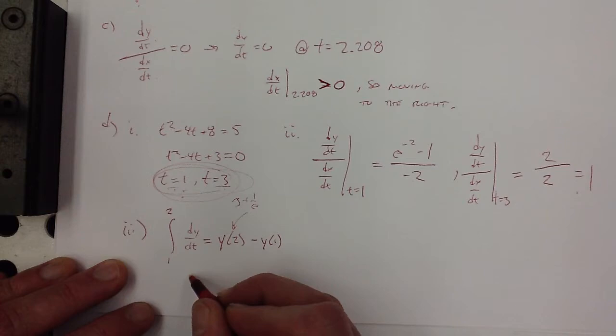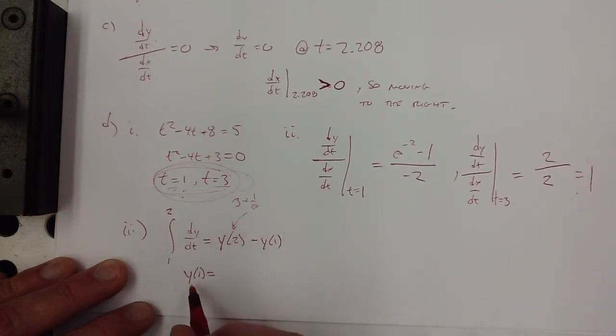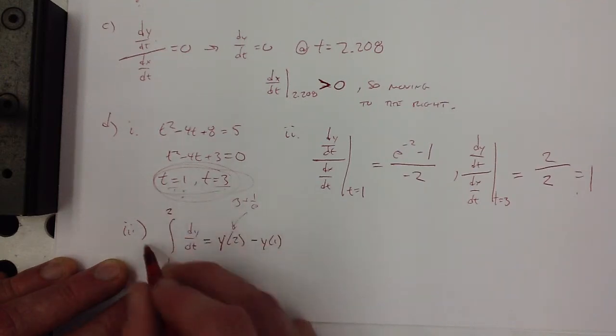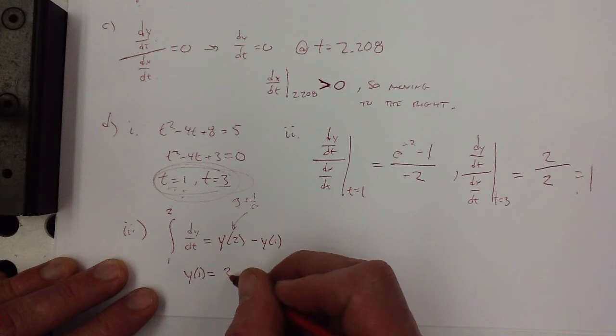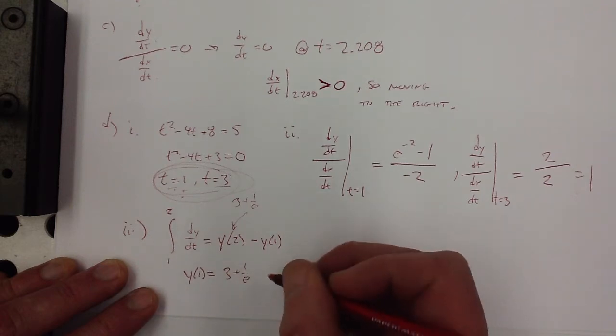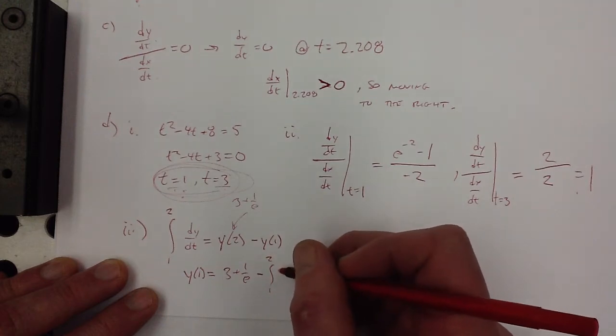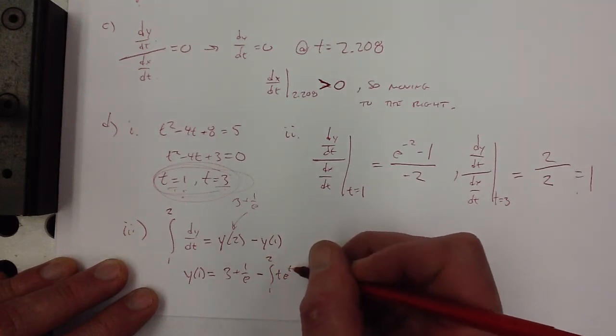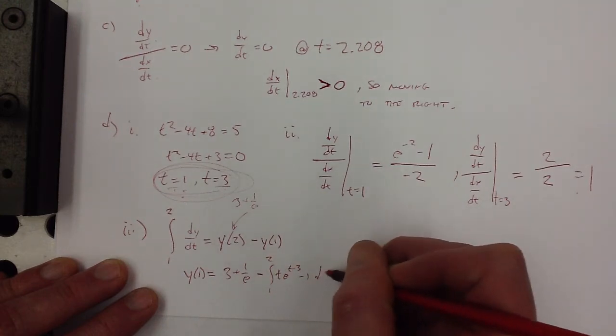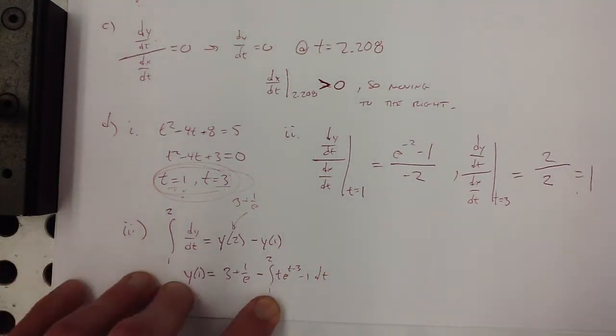So here I would get y of 1, which is what I'm looking for, the y-coordinate at that time, is equal to 3 plus 1 over e minus the integral from 1 to 2 of t e to the t minus 3, minus 1, dt. So I just need to find that.